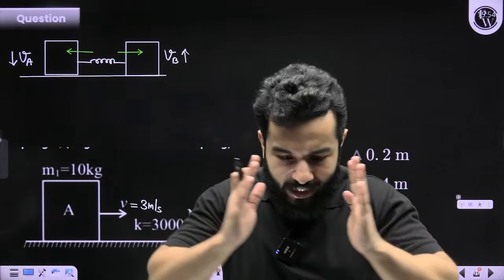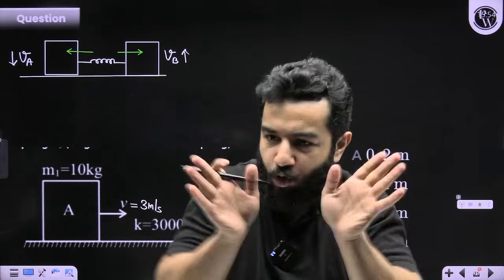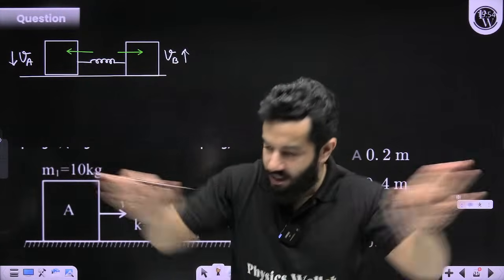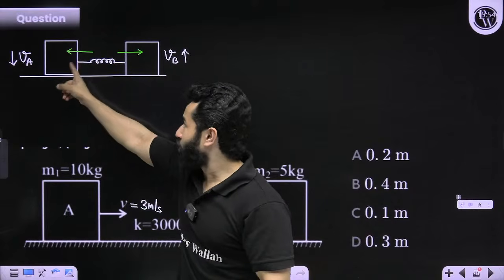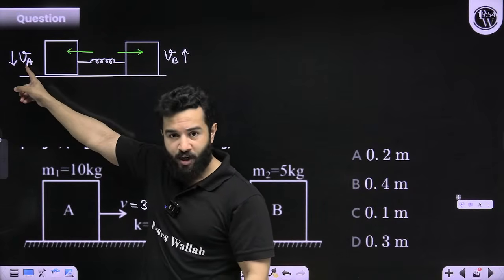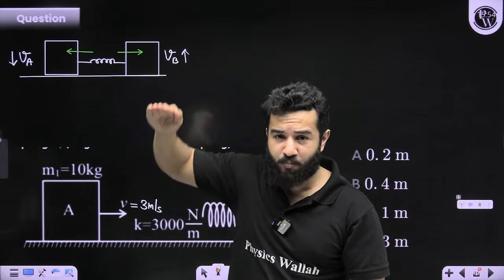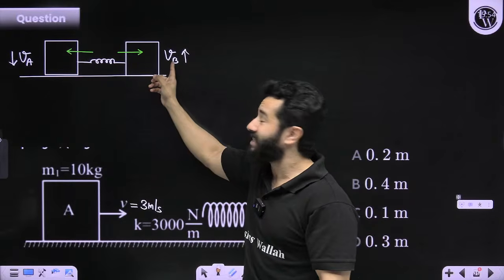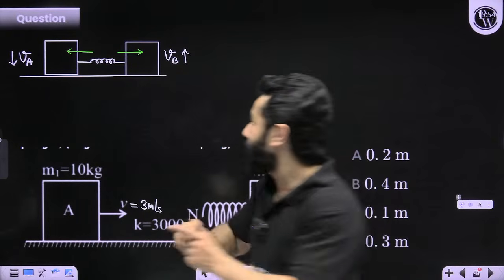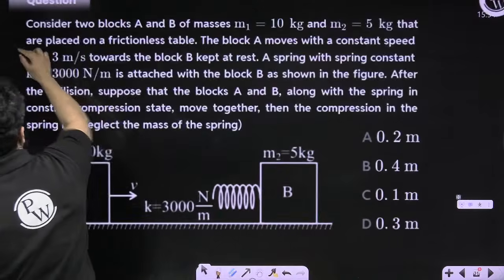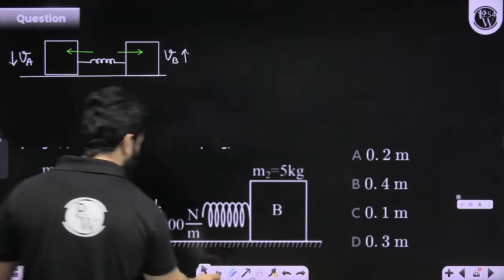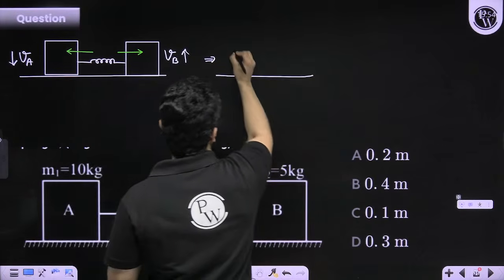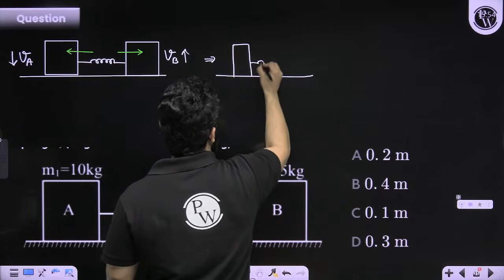When the spring gets compressed, it applies force in the opposite direction, which causes retardation for block A. So its speed will decrease from 3 meter per second, and this force will increase the velocity of B. At a particular point, they will start to move with a common velocity.